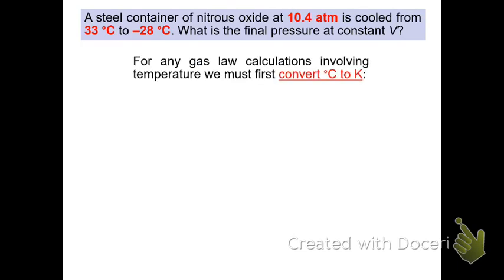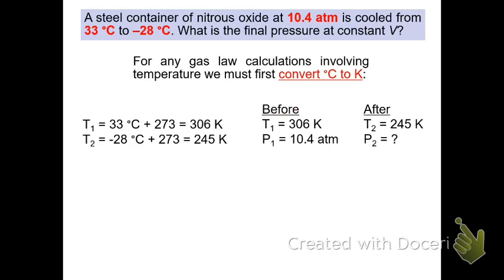So you would expect the pressure to decrease as well because you're decreasing temperature to negative 28 degrees Celsius. So this is what's given, and you want to convert the temperatures to kelvins first. All right, so we want to calculate P2. This is the equation that we need.